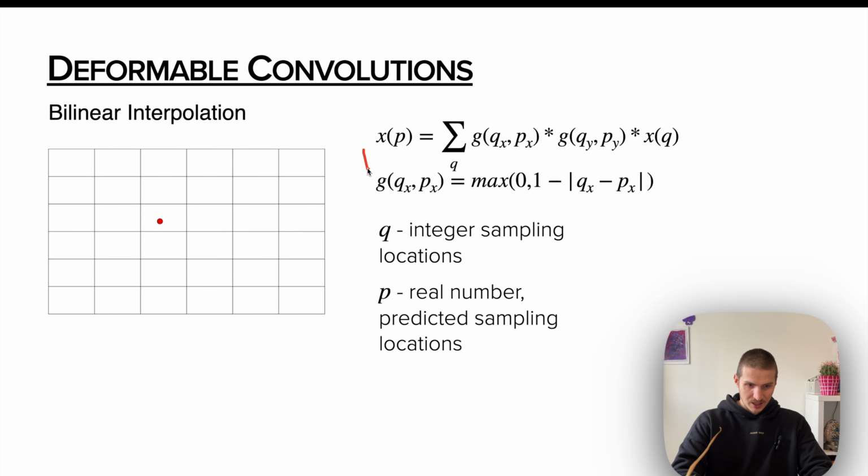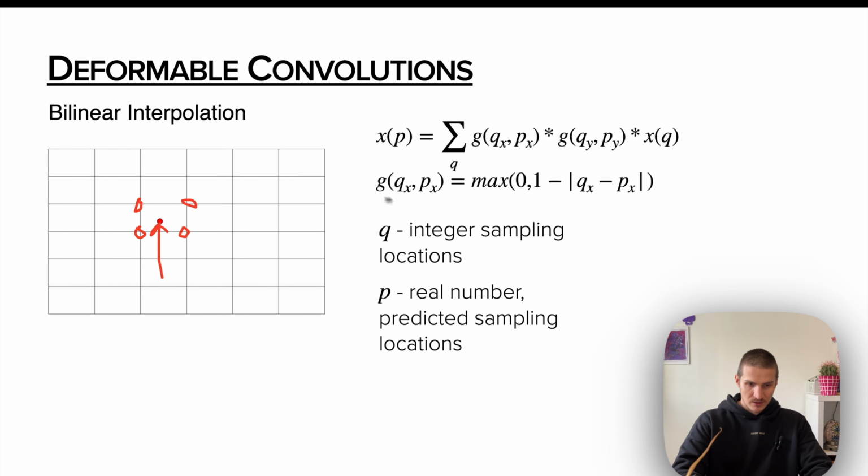So now let's take a close look at that and see how we can make it differentiable. I have my point here that happened to land at a non-integer location, and it's close to some other points here. So thanks to bilinear interpolation, the value that I should get from this point is now just a function of the 4 values of neighboring pixels.